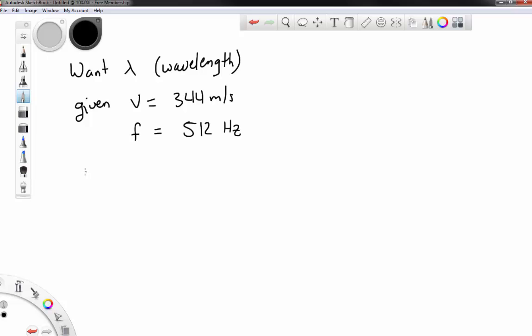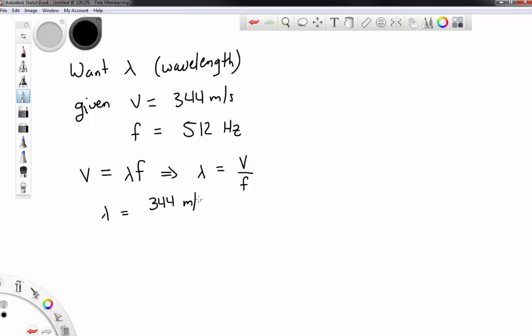And so we have this equation that says that the speed is equal to the wavelength times the frequency. So if we rearrange that equation, that means that the wavelength is going to be equal to the speed divided by the frequency.